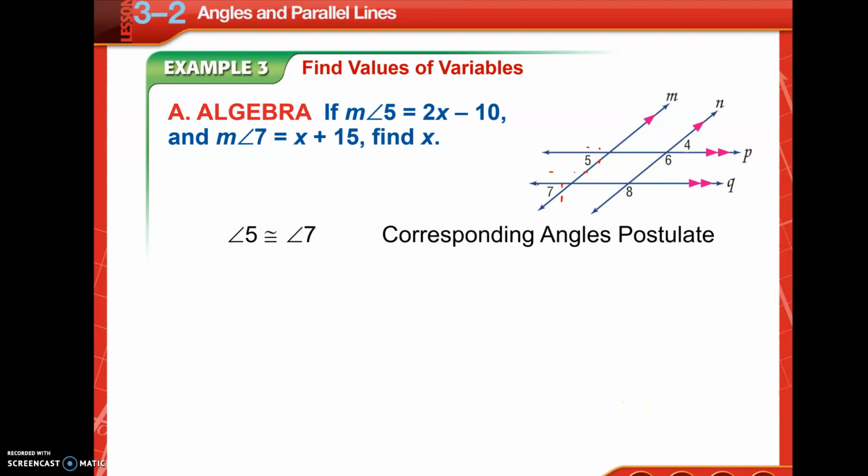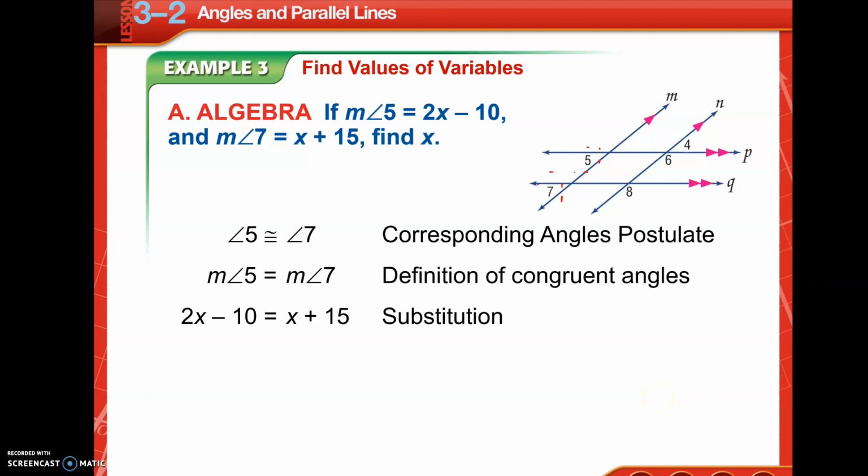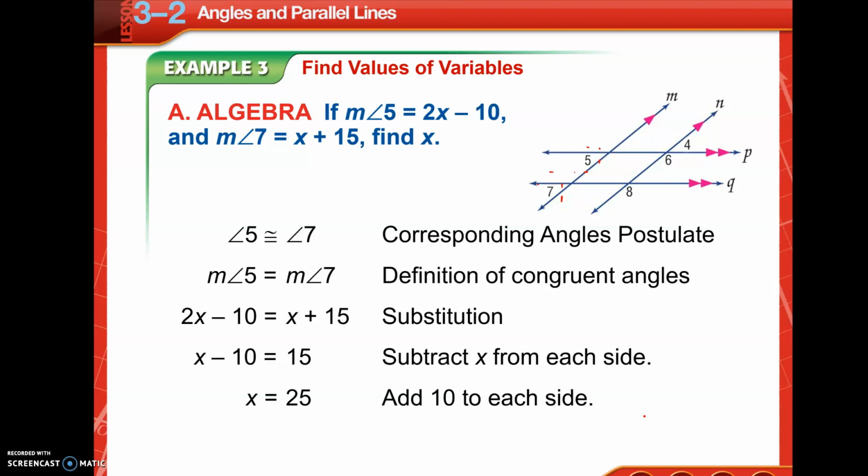Then I can substitute 2x minus 10 in for 5 and x plus 15 in for 7, and then solve that out, subtract over my x from the 2x to get x, and then add my 10 over, and x equals 25. And that's what we're looking for, but always check because sometimes it wants you to find an angle too.